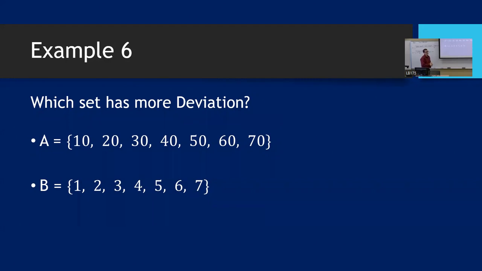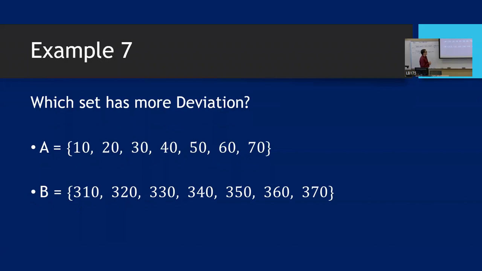Which one do you think is going to have a bigger standard deviation, in other words? A, right? The gaps between the numbers in A are jumps of 10s. Whereas the jumps between numbers in B are all 1. And so A is going to have a higher standard deviation. So set A is going to have a higher standard deviation.